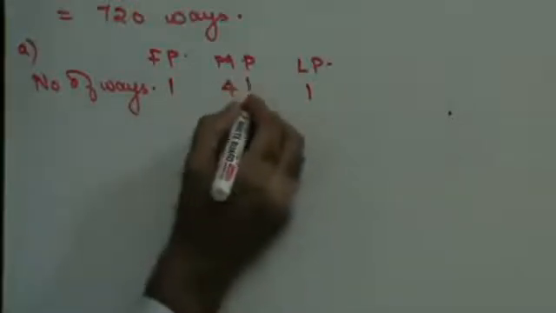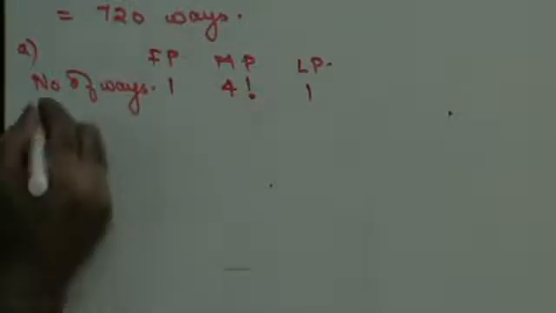How many places have I filled? 2 places. How many letters have I used? 2 letters, A and H. So out of 6 places, 2 places are being filled, so 4 places yet have to be filled. Out of 6 letters, 2 letters have been used, so 4 more letters have to be used. 4 letters in 4 places can be arranged in 4 factorial ways.